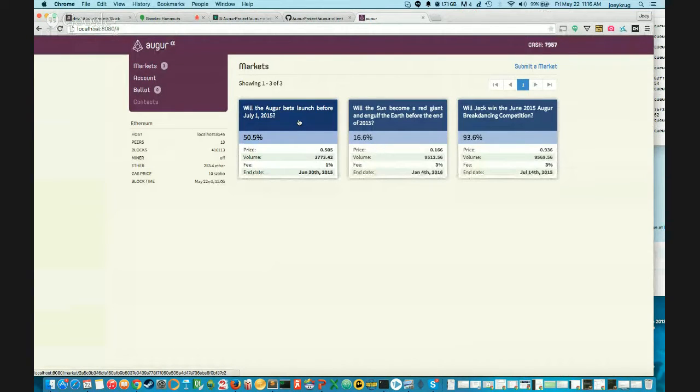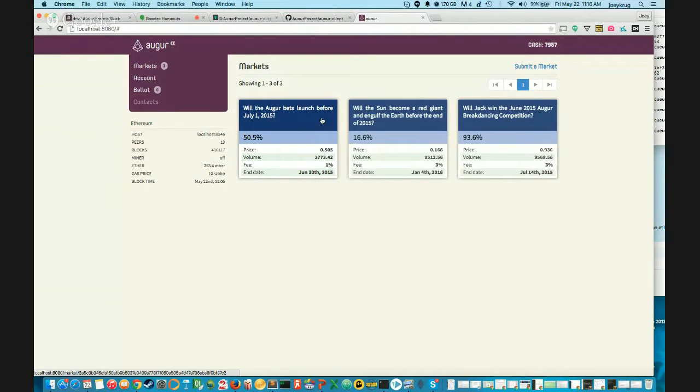So this market started off with odds of 50.5%. The reason it started off like that is because we use a market scoring rule. The initial liquidity I provided is going to get divvied up amongst both sides of the bet, and there's this parameter called alpha, which is sort of like a profit parameter, how much profit you want to make as a market maker.